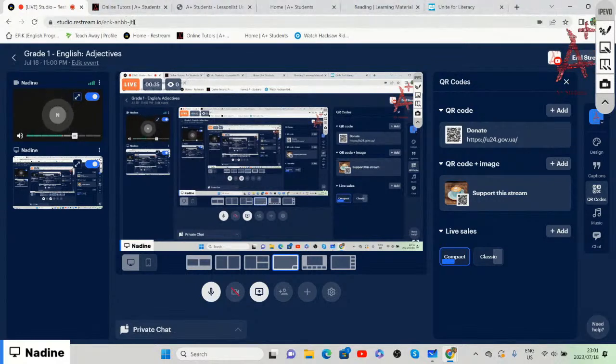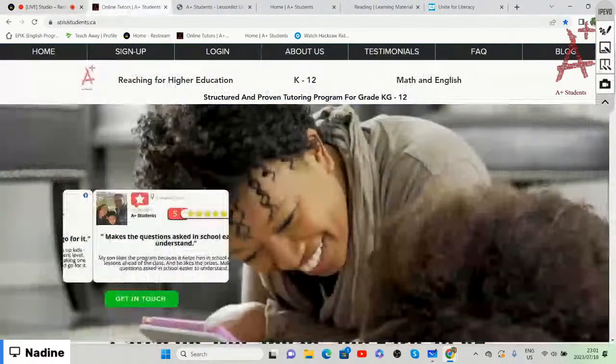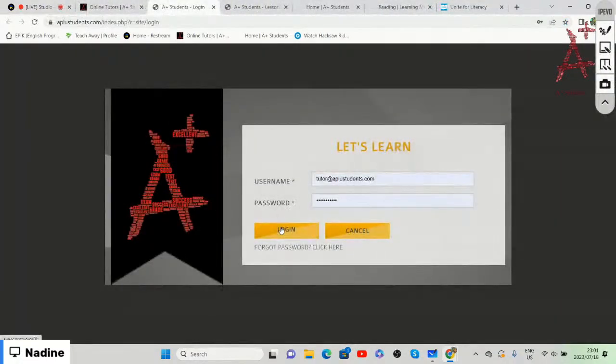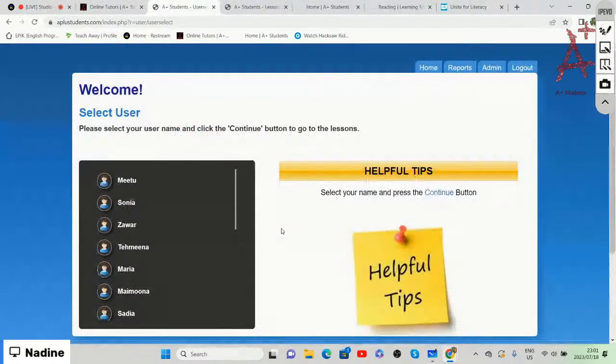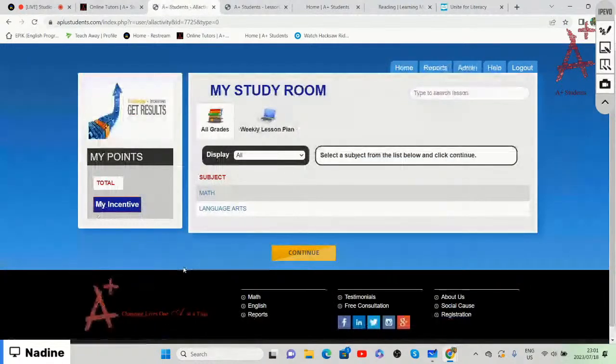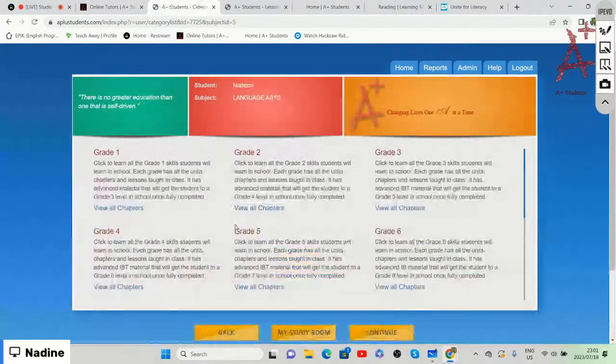Once you go into aplusstudents.ca, you're going to log in with your username as well as your password. We're going to select the subject of language arts because we'll be doing English today, and then grade 1.